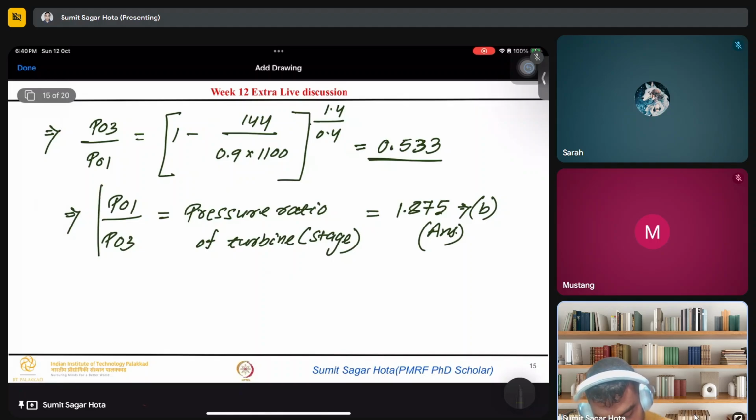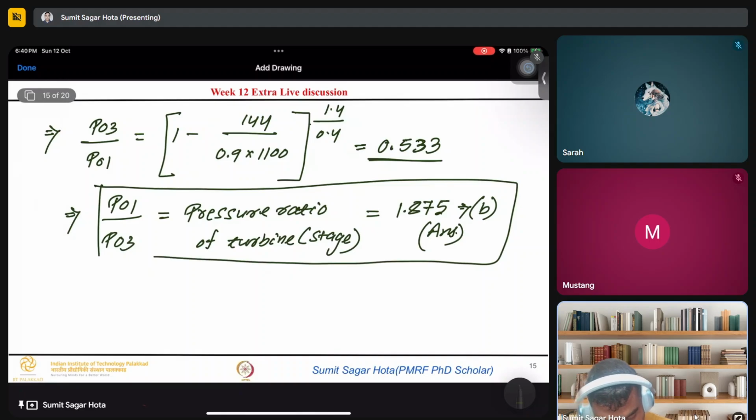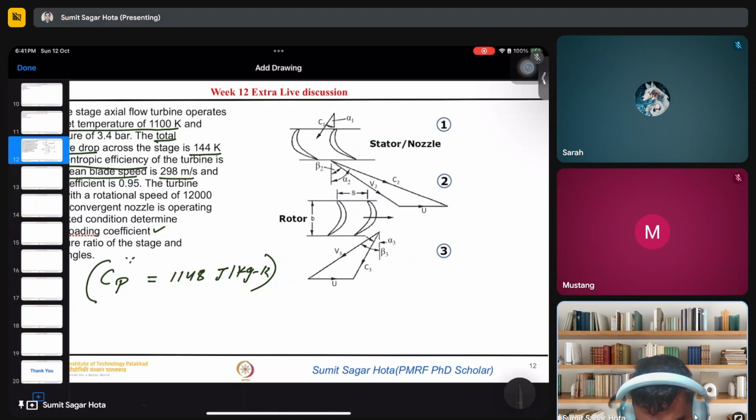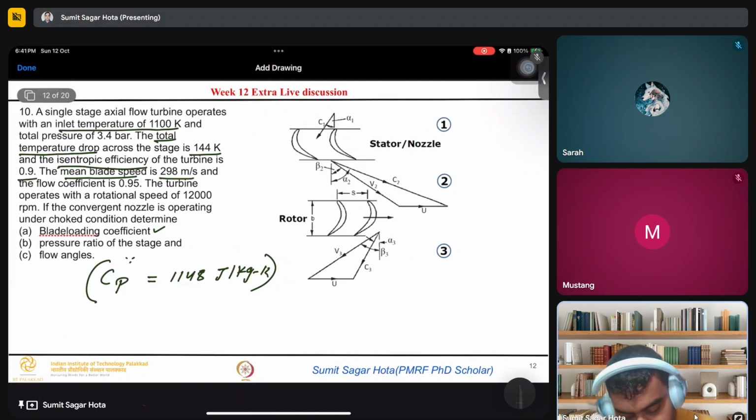So this is the B bit answer. Okay. So in the question also it's mentioned the initial temperature given, the total pressure of 3.4 bar.